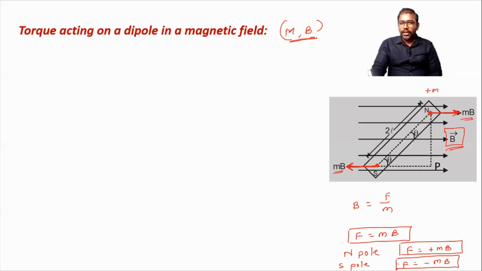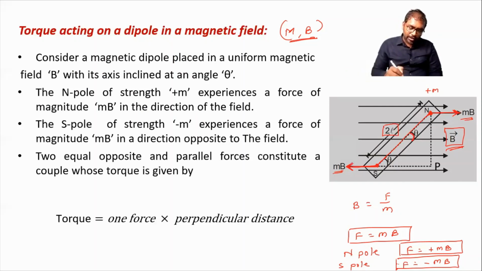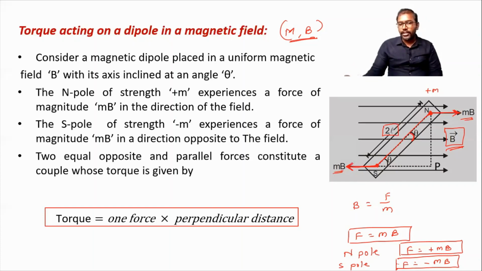So here torque is there and we have to find out this torque. Now here this magnetic axis making angle theta with the direction of magnetic field, you can see theta, and this 2L is the magnetic length. Now here torque, you know the formula of the torque. Torque is given by one force into the perpendicular distance between the two forces.